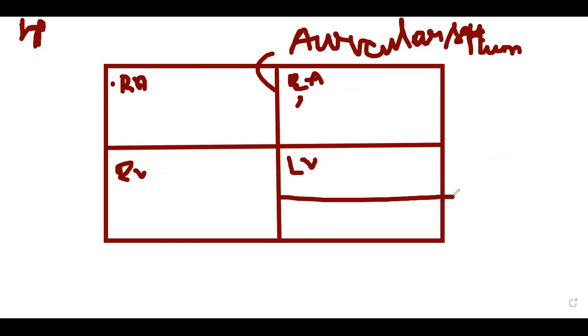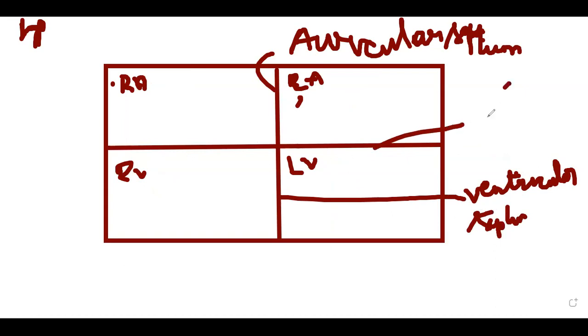Similarly, ventricles are separated by the ventricular septum. So auricles and ventricles are separated by the inter-auriculo-ventricular septum.